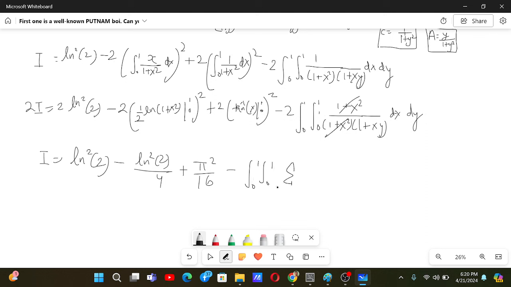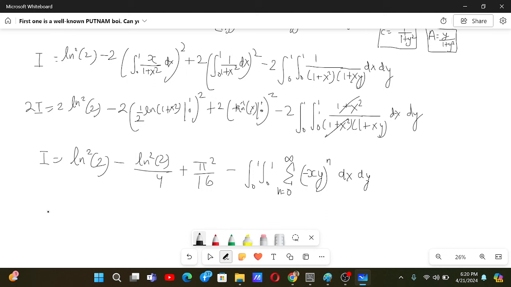And now this integral from 0 to 1 is the sum from n equals 0 to infinity of (x minus xy) to the power n, and then dx dy.